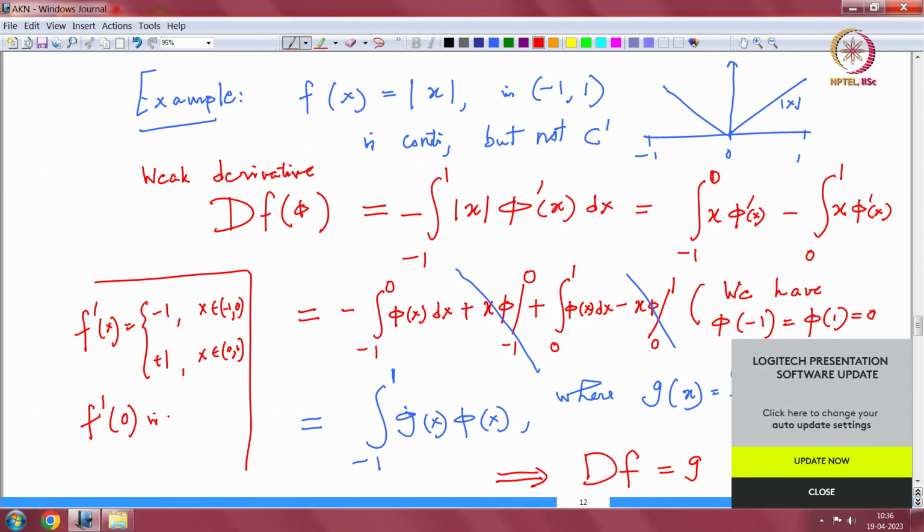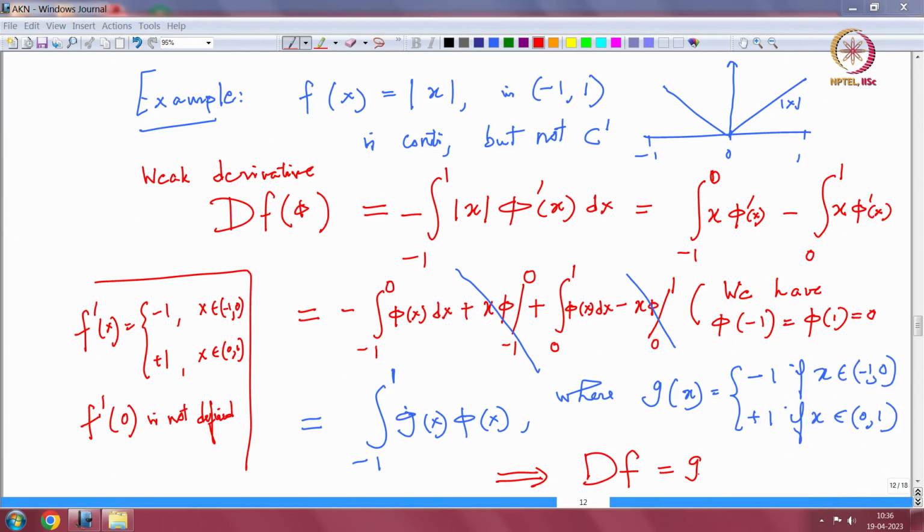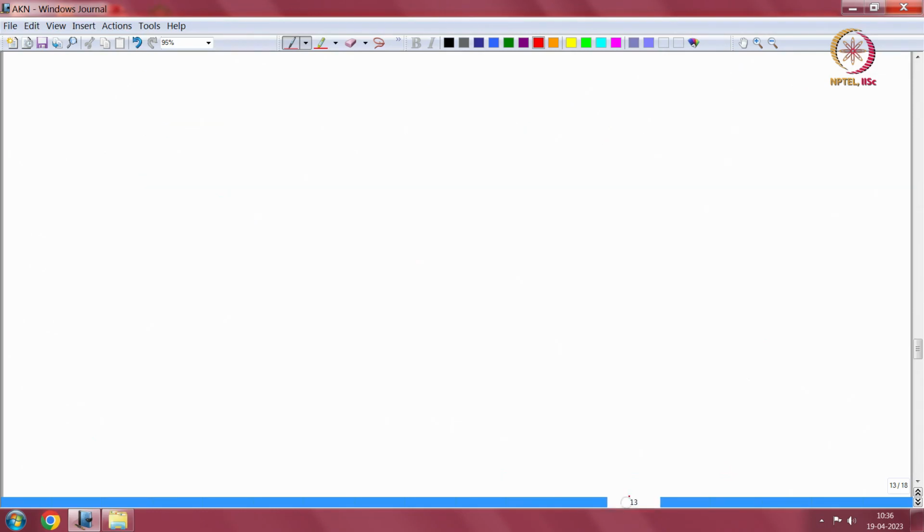So, it is a classical derivative almost everywhere. In other words, f prime equal to g, that is equivalent to f prime, the classical derivative in the almost everywhere sense except at the origin. So, you are identifying your df equal to g in the classical sense, but the situation is not the same when you get into more difficult problems. So, we will go to another example.